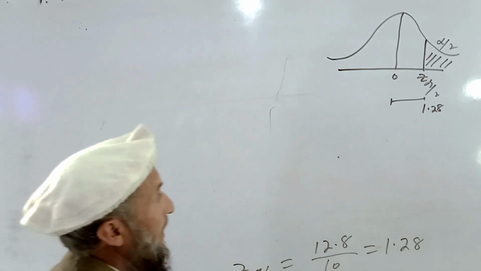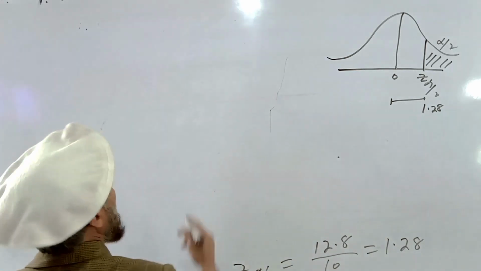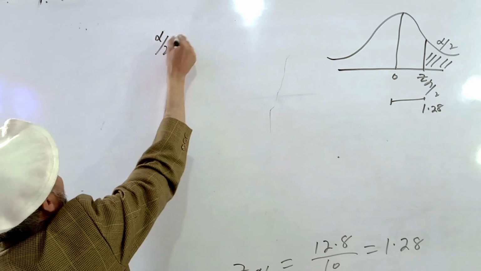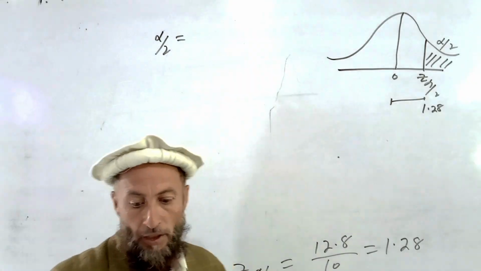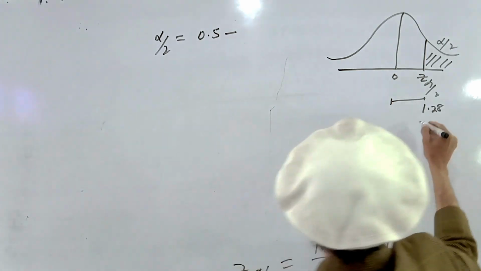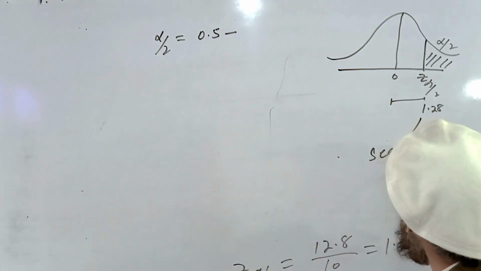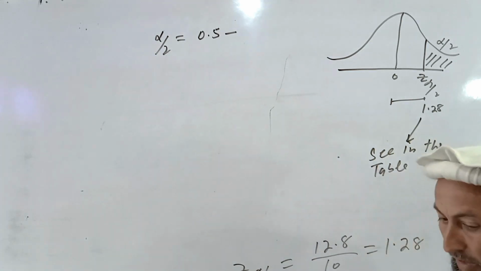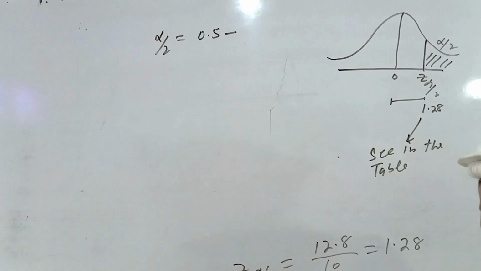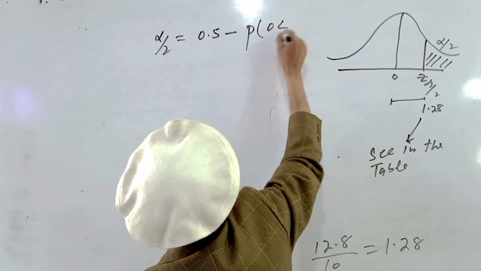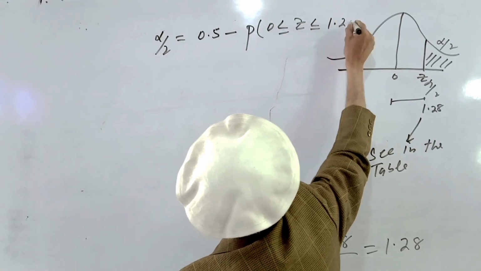We check this area from the table: alpha by 2 equals 0.5 minus the probability of 0 less than z less than or equal to 1.28.